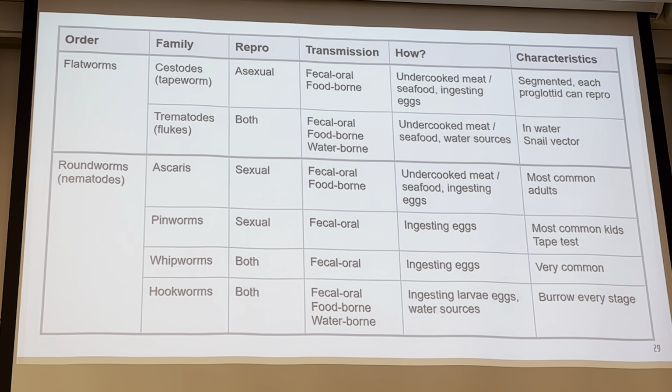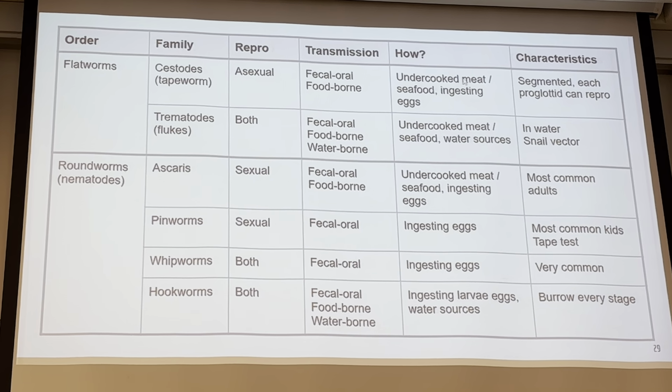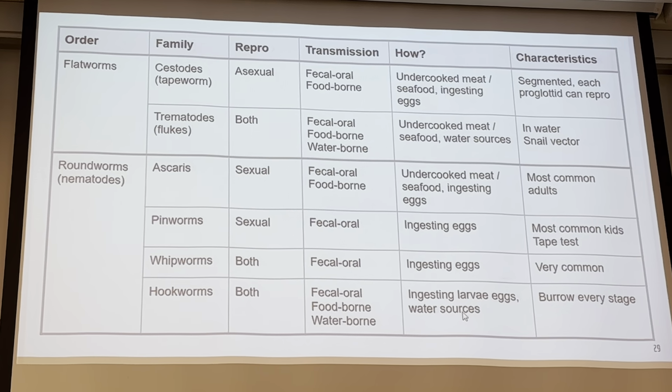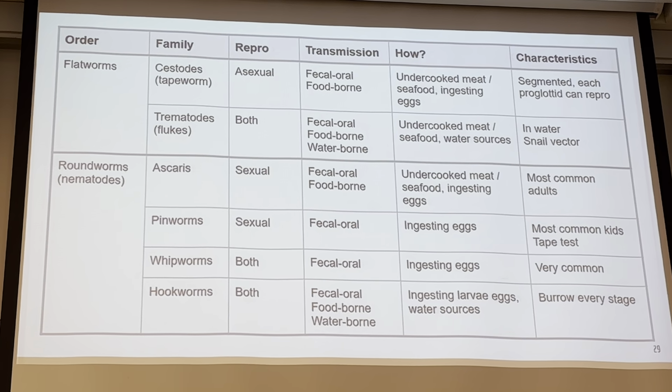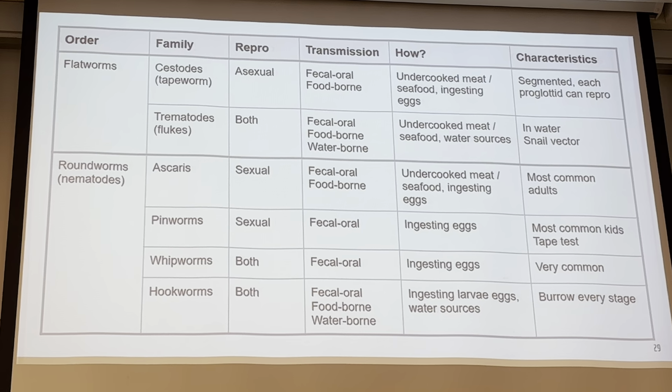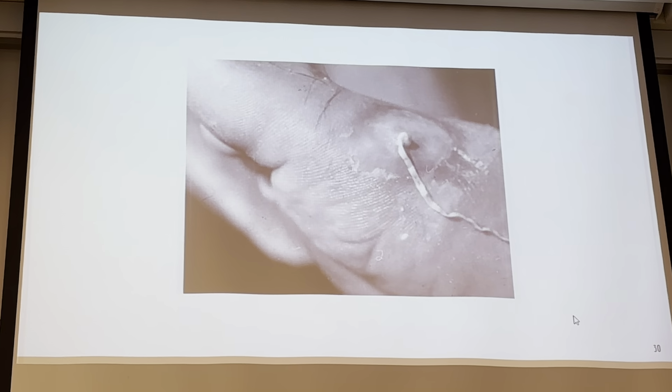If you say foodborne, it's burrowing. If you say waterborne, it can free float in the water and get in that way. So you don't have to memorize any of these, I just wanted you to know and read those. And then some characteristics about these, and I do want you to know these because these are identifiers about those specific helminths.